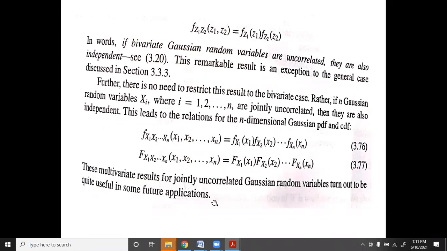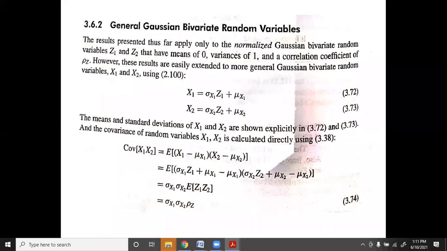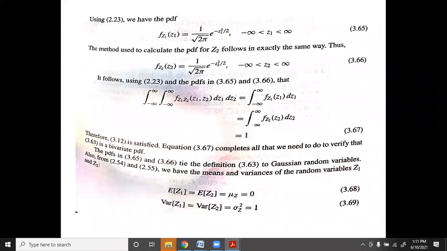Uncorrelated means whenever we have multiple variables, uncorrelated Gaussian random variables will give independent random variables. So verify either that E of Z1 is equal to 0 or that E of Z2 is equal to 0 as stipulated in 3.68, using the bivariate PDF in 3.63. 3.68 is what is written over here.